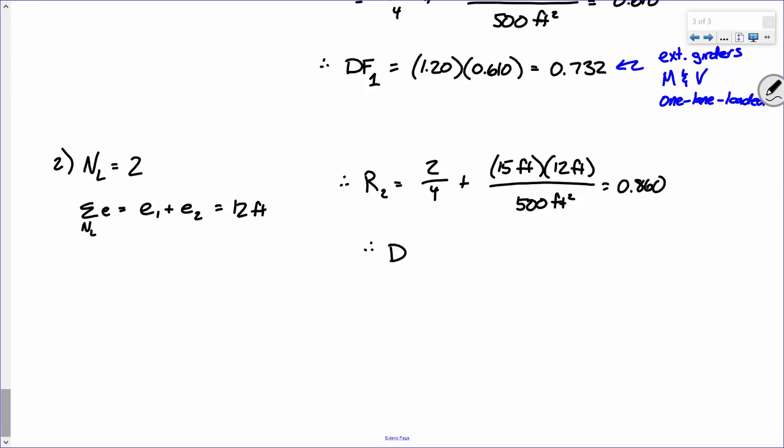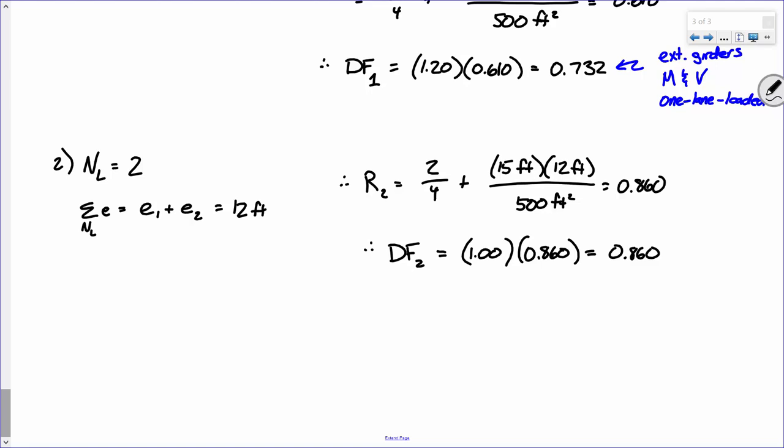We compute our distribution factor by taking this and multiplying it times the appropriate multi-presence factor. What is the appropriate multi-presence factor? 1. So in this case, it comes out to be 0.86. Make sense? Any questions?